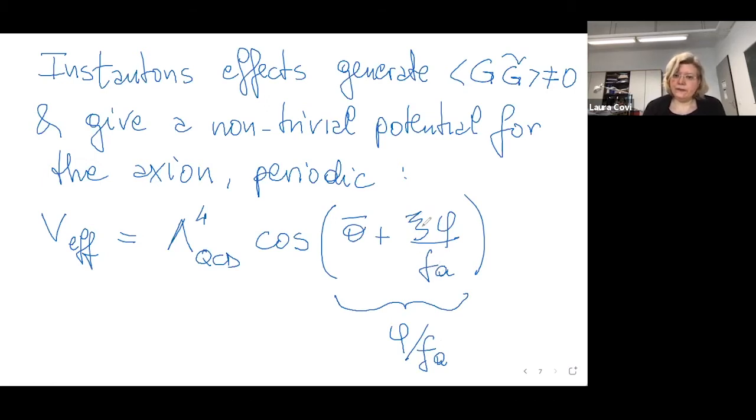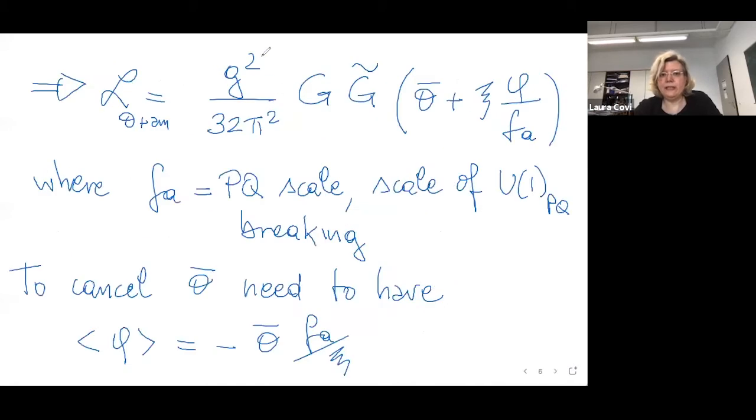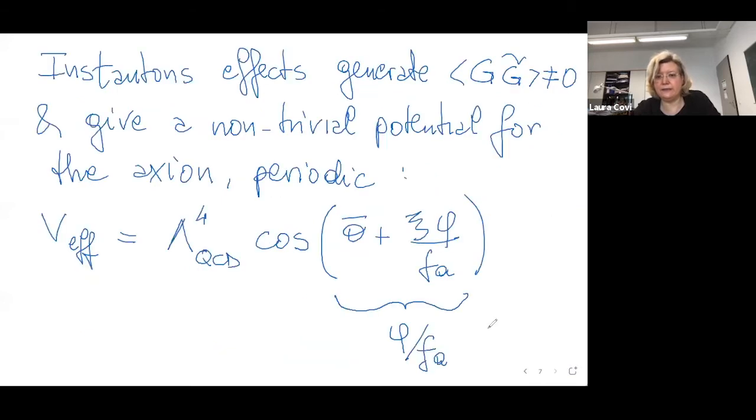The only important thing to note is that in some cases you can also have the number of fields appearing here, because of the number of fields which contribute to the anomaly. In that case, it can make a difference for the structure of the vacuum, and to that we will come back in a while.